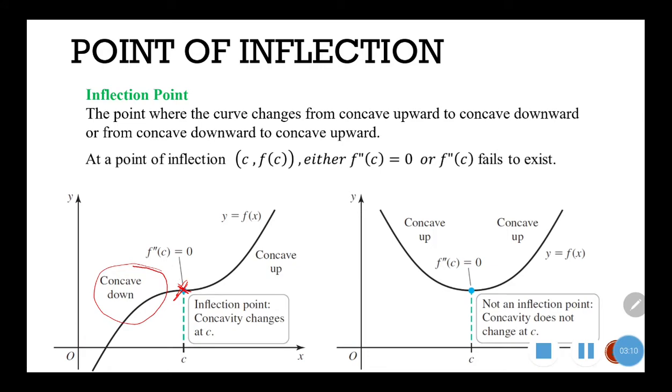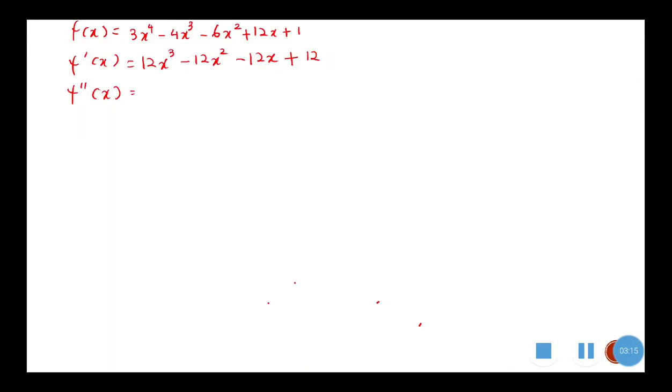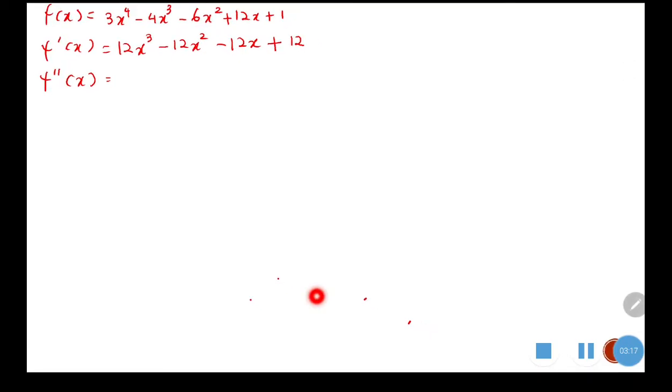This is why. Now, f double prime x is 36x squared minus 24x minus 12.